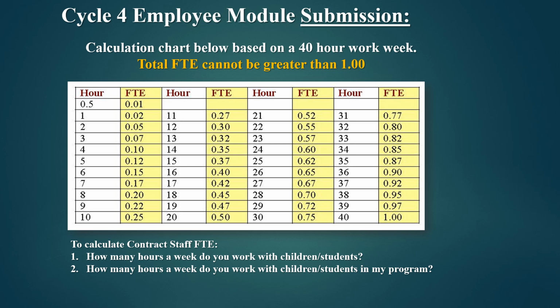That person's work week is actually 45 hours, and the FTE has to be divided between resource teacher and homebound teacher accordingly. Your district may also share a contract person with other districts or programs. Once the cycle is submitted and that person's FTE is compiled, it also can't be greater than 1.